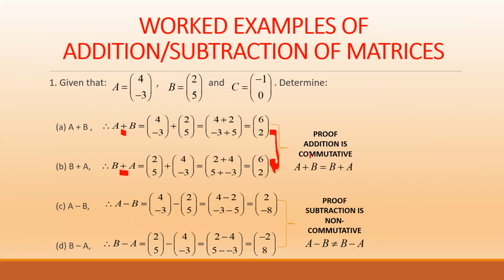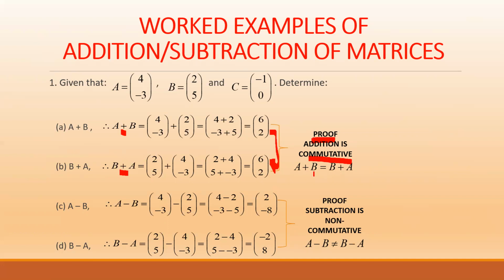So it therefore means that we would have proven that addition of matrices is commutative. That means if one person should add A plus B and another add B plus A, they would get the same answer. And that is due to the property of commutativity of matrices.